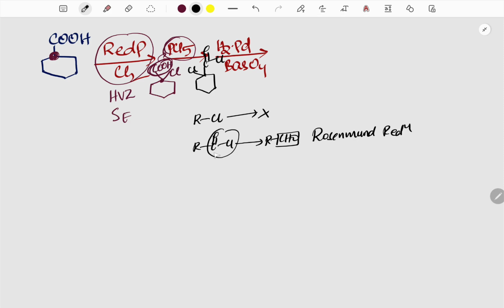So Rosenmund reduction is carbonyl chloride being converted into RCHO in the presence of H2/Pd-BaSO4. It is also called Lindlar catalyst. Therefore here COCl will be converted into aldehyde, and chlorine remains as chlorine.